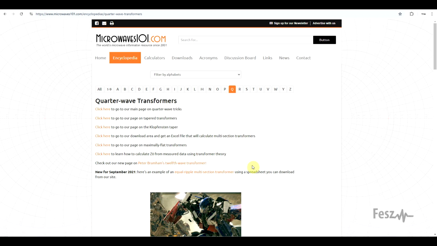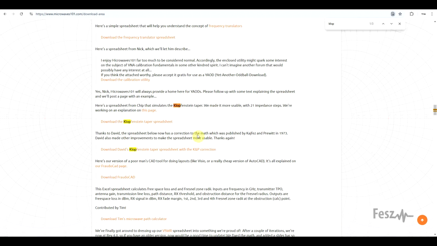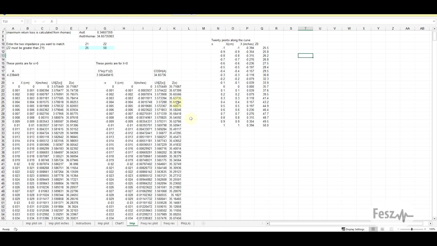Now, coming back to the Microwaves website, another set of important articles are the ones describing tapers, and specifically the Klopfenstein taper. These articles describe the structure and its performance in a lot of detail, and specifically for the Klopfenstein taper, you also have a calculation sheet available to download. This can be used to calculate the exact dimensions needed when transitioning from one impedance to another.